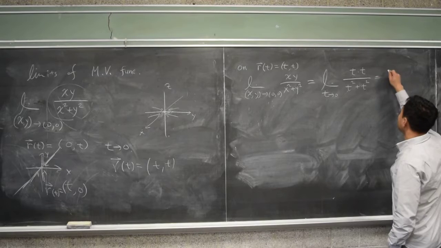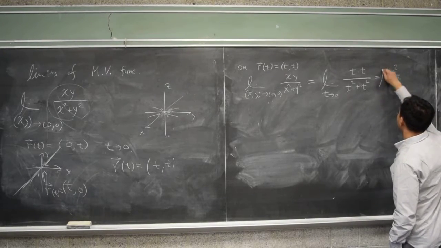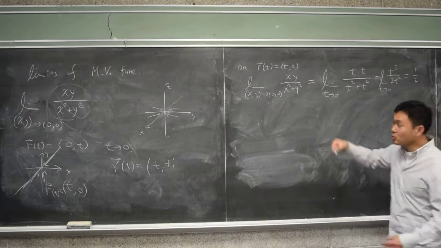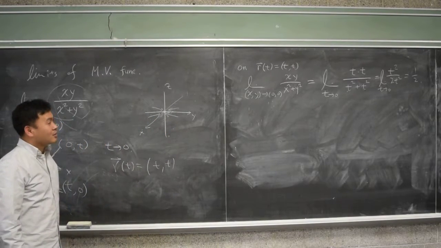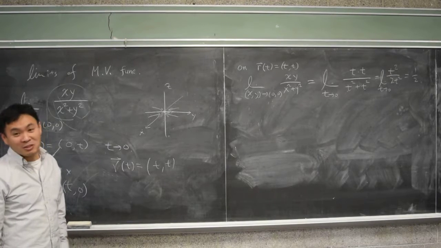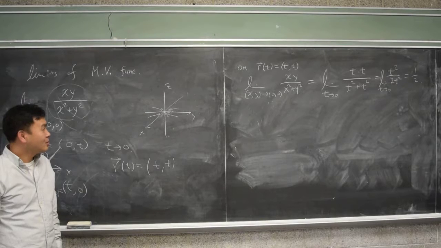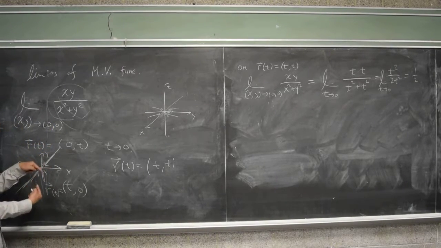In that case, it's t squared over 2t squared, limit t going to 0, and then this is always 1/2, right? So when you go this way, it's always 1/2, and what does that mean? That means the limit is 1/2, isn't it? And that limit is different from this. For these two cases, the limit was 0.